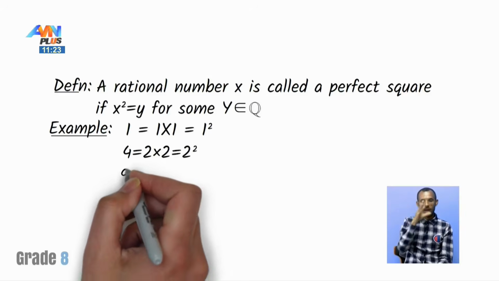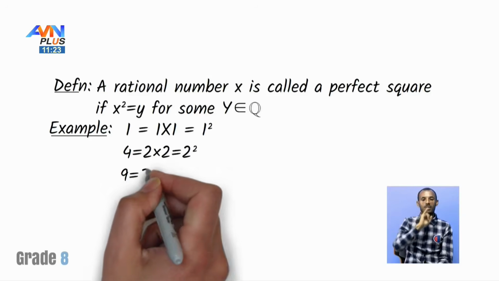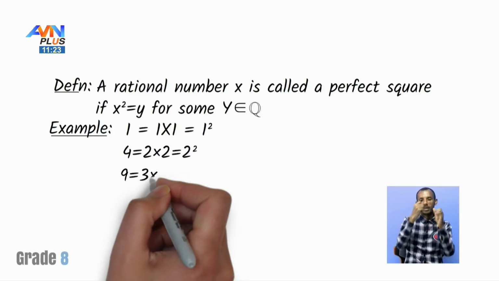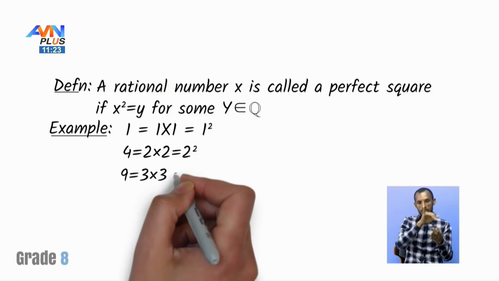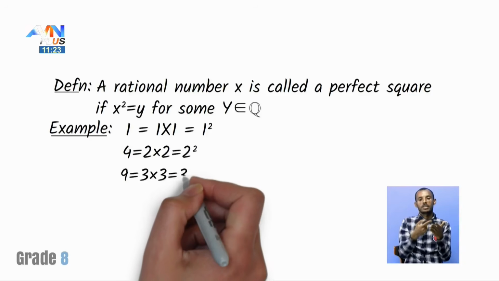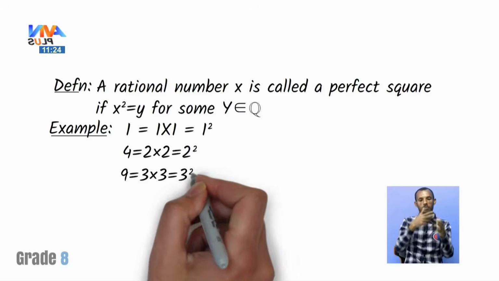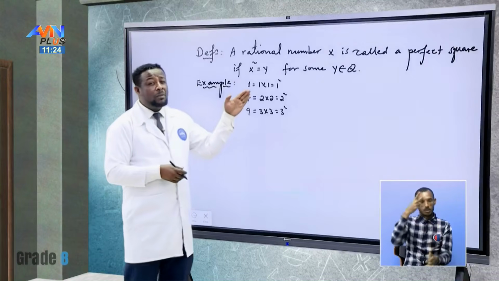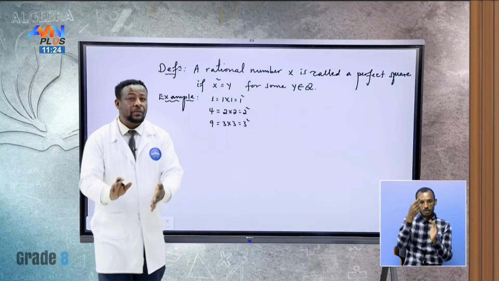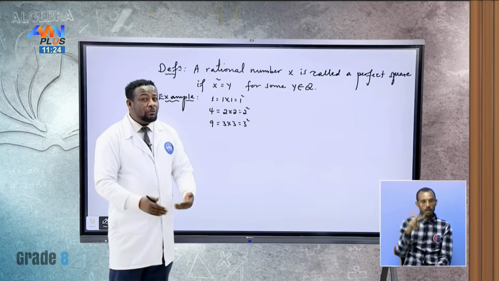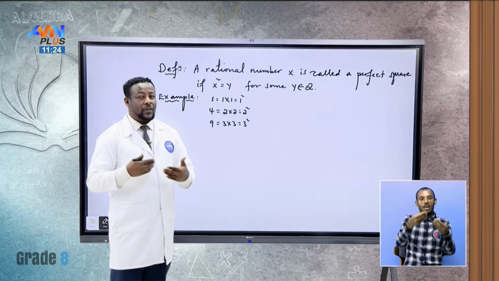And 9, if you take 9, can be expressed as a product of 2 identical factors. Those factors are 3 times 3, which is 3 square. Okay, so these are some of the examples of a perfect square. Can you give me some more examples of a perfect square?